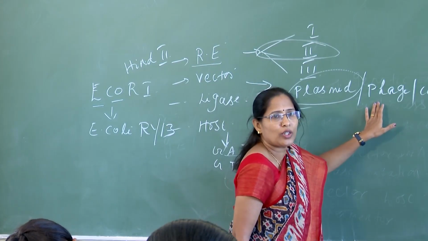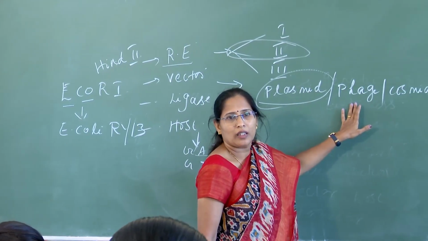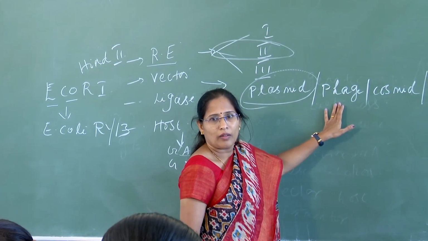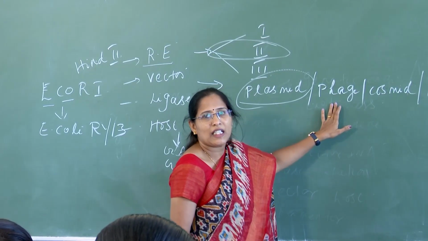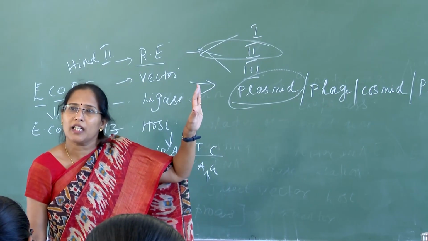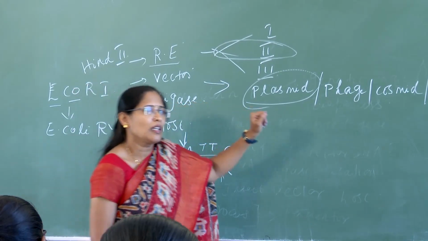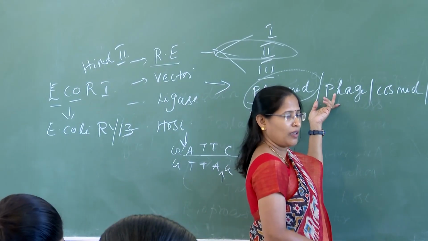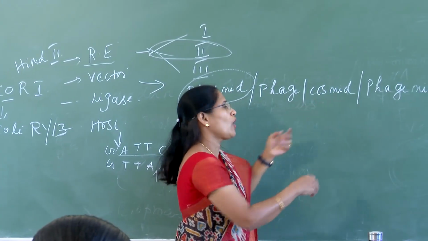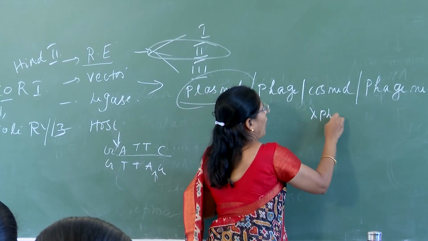Then what is a phage? If I say bacteriophage, you will understand. It is a virus which infects a bacterium. Next is your cosmid. That is your lambda phage's cos site.